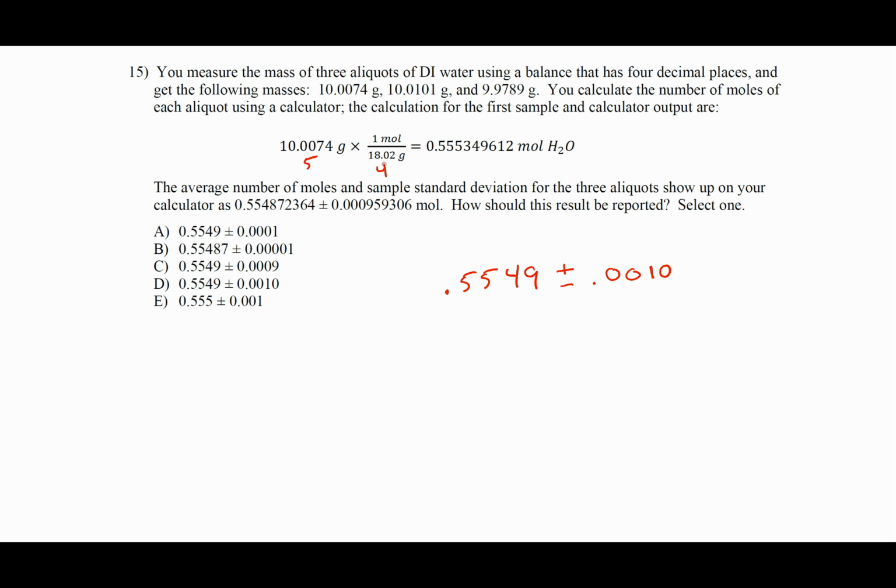Let's see. Brian can't count. 4 sig figs, so once again, it's in my 4th decimal place. So what's bigger? 10 or 1? It's the 10, so this is my answer. 0.5549. That would be answer D.